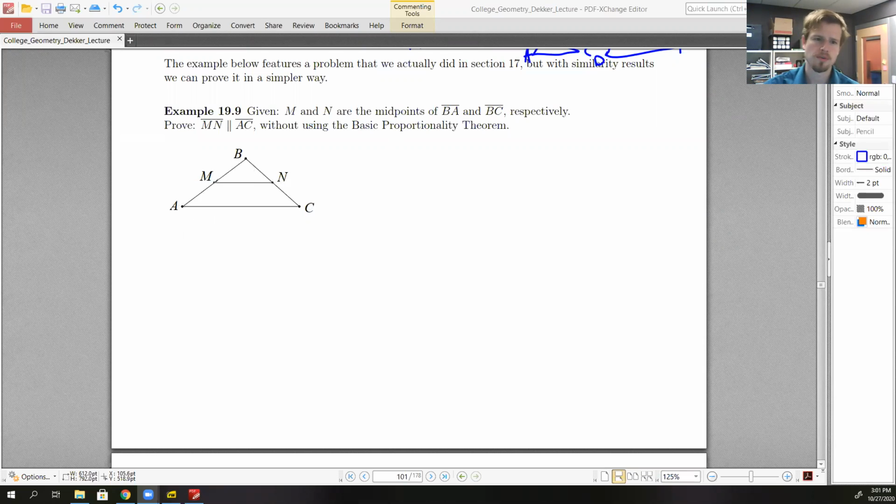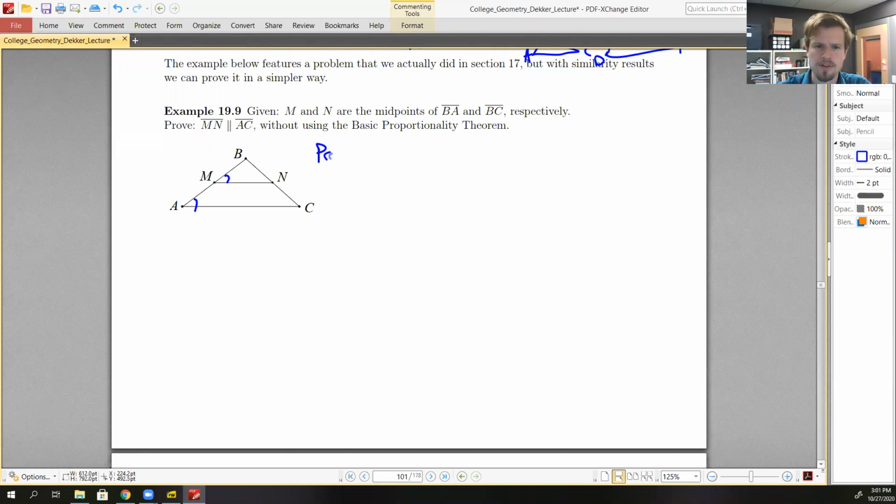So in order to show that MN is parallel to AC, what we could do is observe that AB is a transversal and that these two angle measures should match. So if we can get that triangle BMN is similar to triangle BAC, then we would have exactly what we're looking for there. So that's a process that we're going to follow.